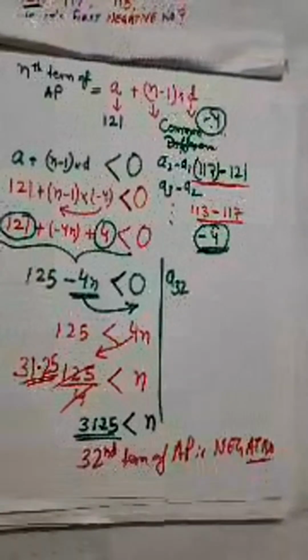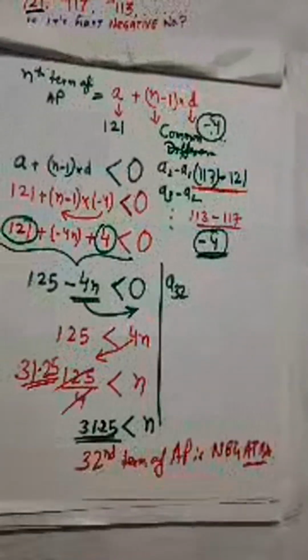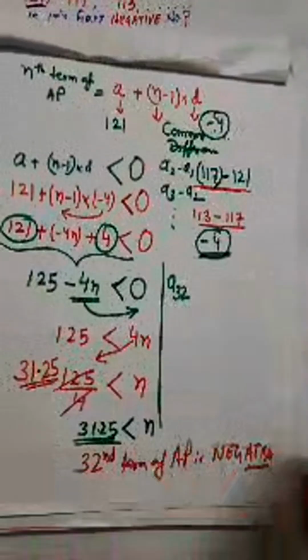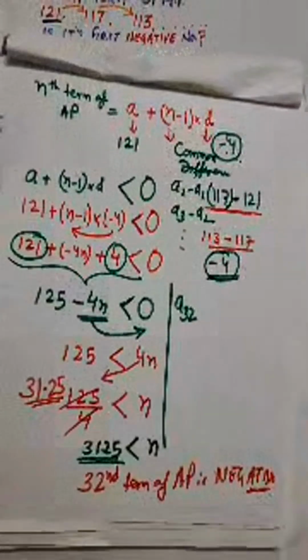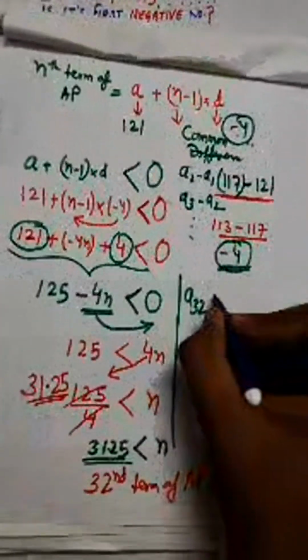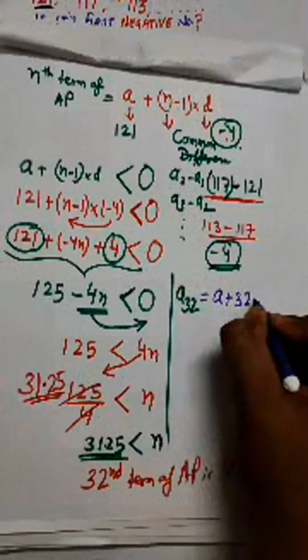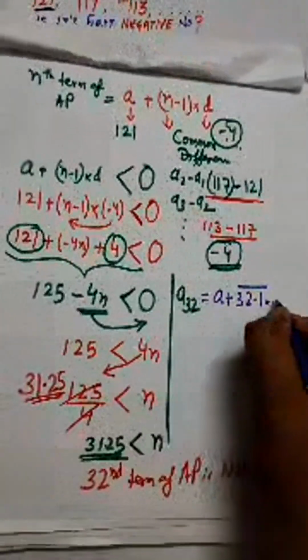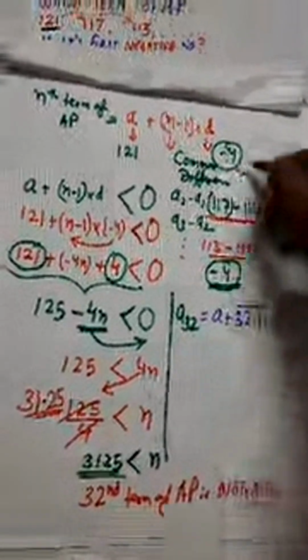Use the same formula, a plus n minus 1 into d, where the value of n will be 32, right? So a of 32 is equal to a plus 32 minus 1 into d. d is minus 4, you can see here, right?